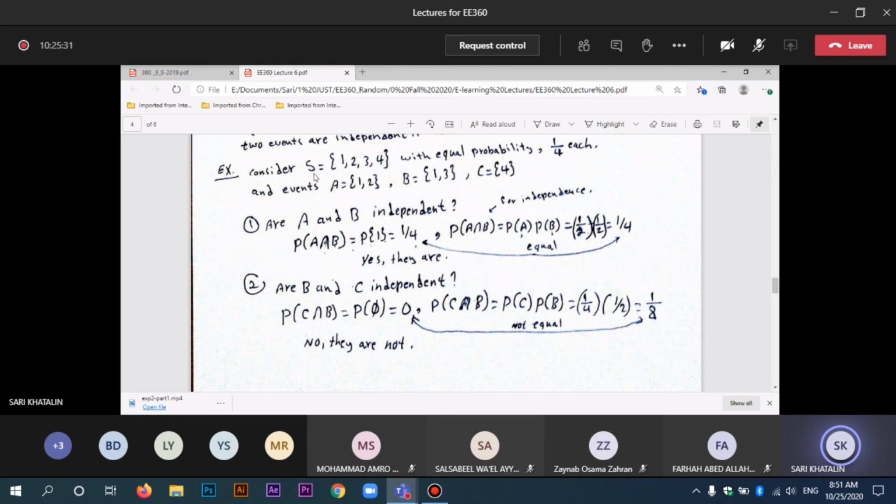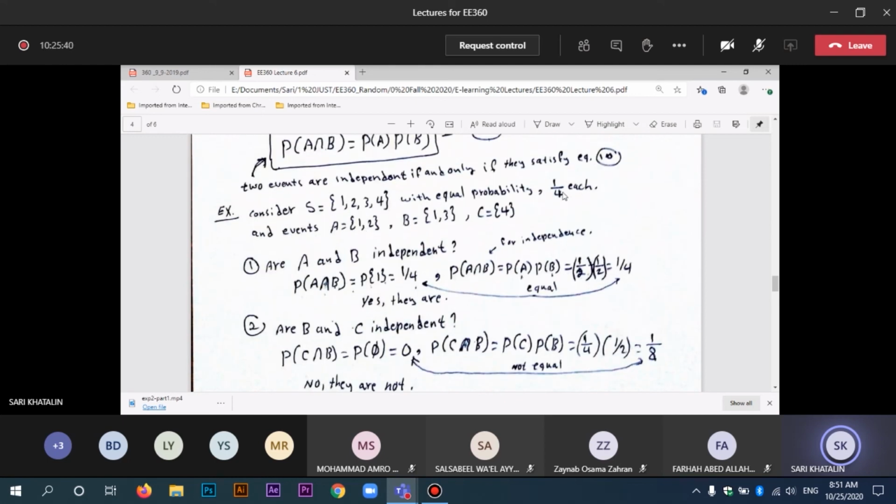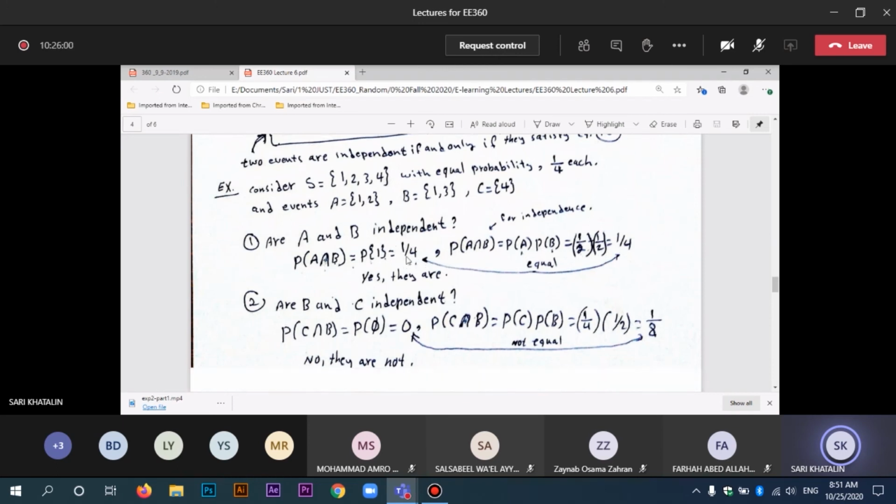As you can see here, A has 2 elements, 1 and 2, so 1/4 plus 1/4 will be half. Okay. Similarly, the probability of B is 1/2. So 1/2 times 1/2 is equal to 1/4. So as you can see, this part and this part are equal. Then yes, A and B are independent.